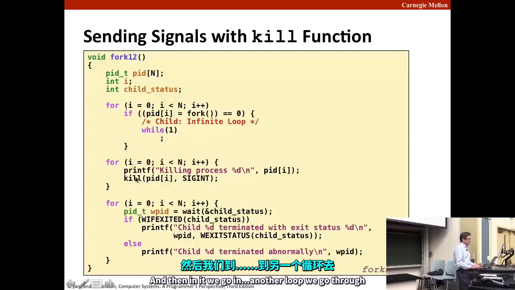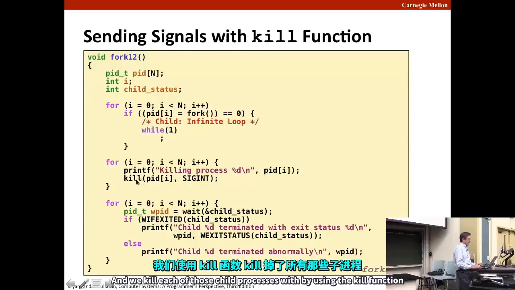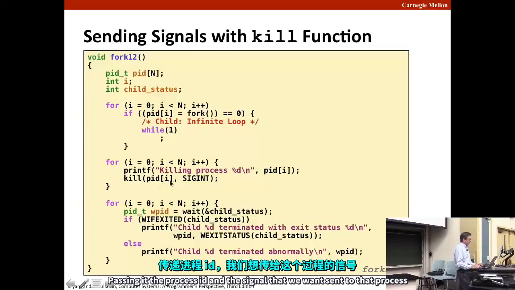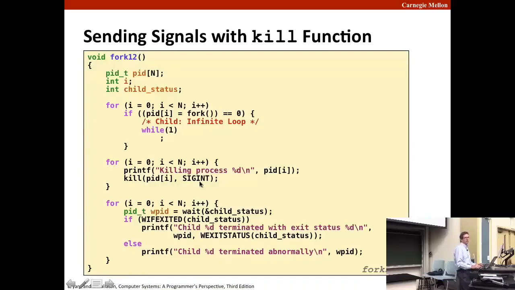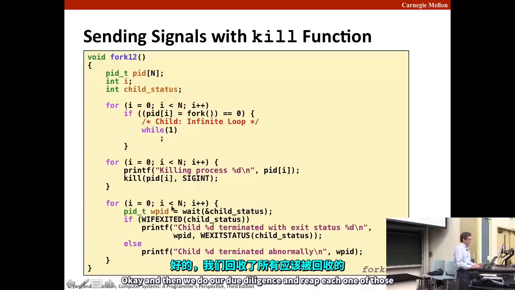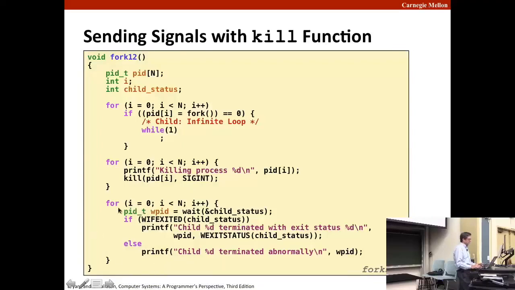And then in another loop, we go through and kill each of those child processes by using the kill function, passing it the process ID and the signal that we want sent to that process. Okay. And then we do our due diligence and reap each one of those children that we've terminated.